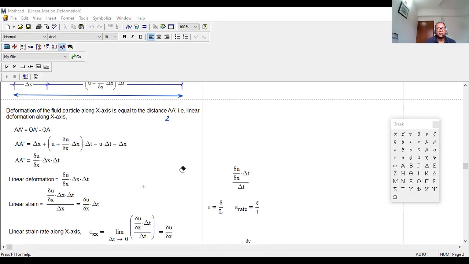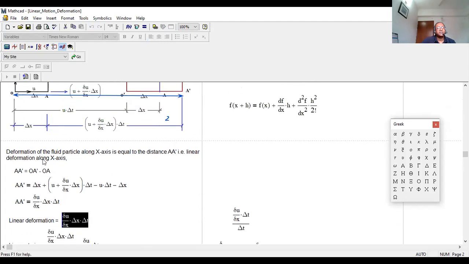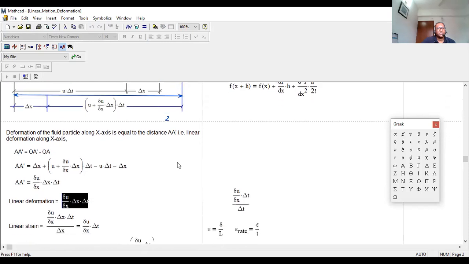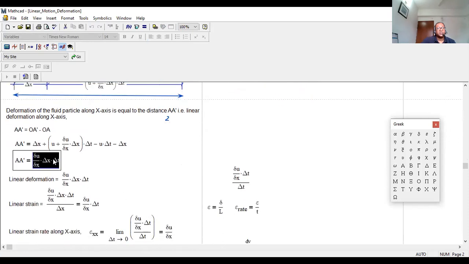Deformation divided by original length, that will be strain. Strain equals delta by L, right over here. So how much length increase? This much, divided by the original length along the x-axis, which was del x. So this is the deformation divided by original length. So you get this one, delta t.